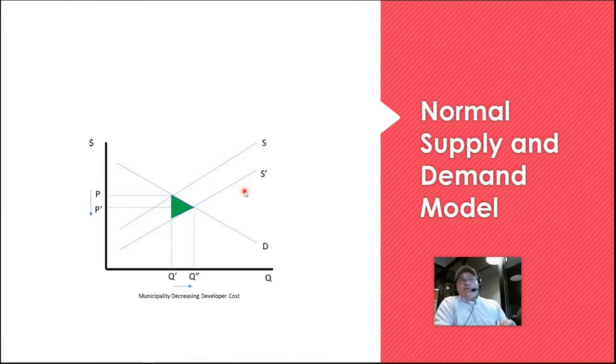So what does that do for us? The next line that's added, because now you're decreasing the cost to the developer, we still get that deadweight loss in here, but look what happens.